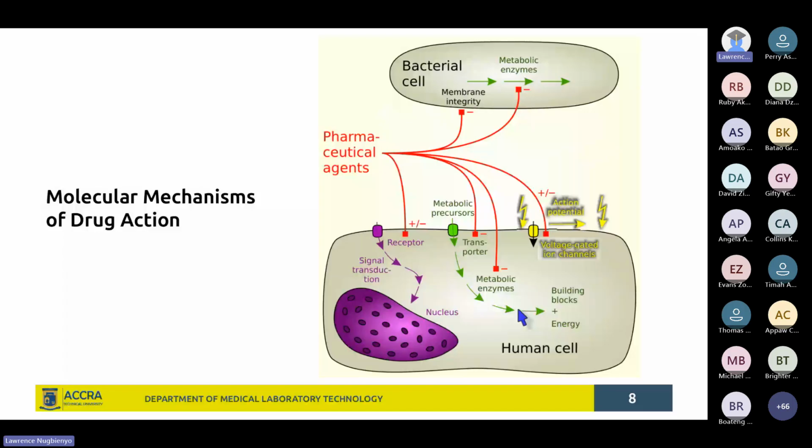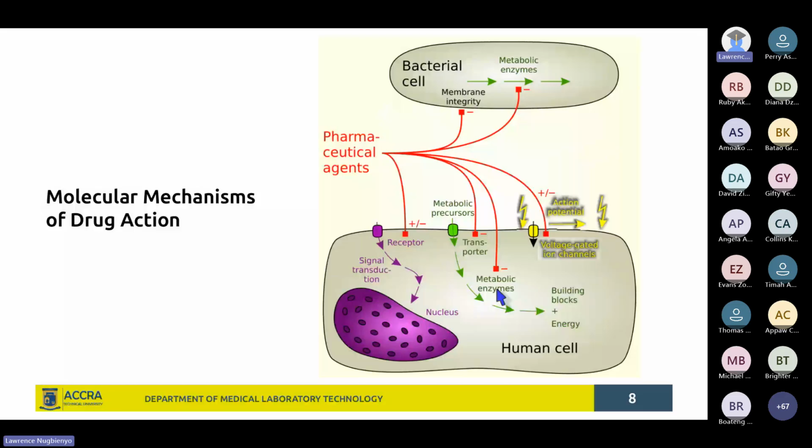So if you have a pharmaceutical substance that comes to block that transport membrane protein, then of course it's going to block the transport of those metabolic precursors that are coming into the cell, which will mean that the metabolic processes which should occur will no longer be occurring. Or the pharmaceutical substance comes to inhibit enzymes, metabolic enzymes that are in the cell.